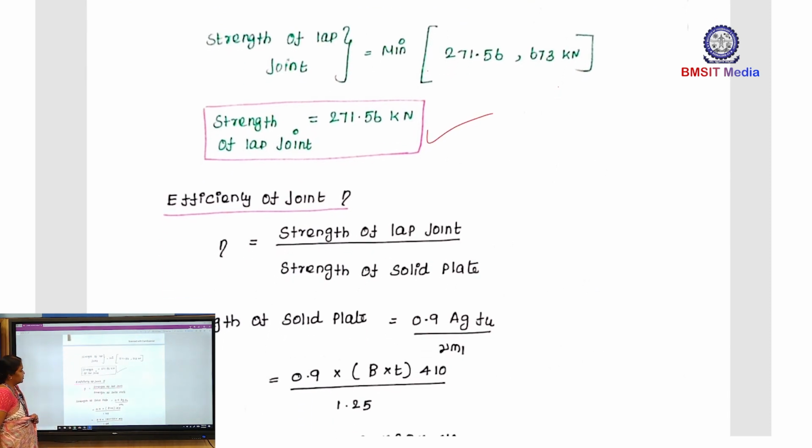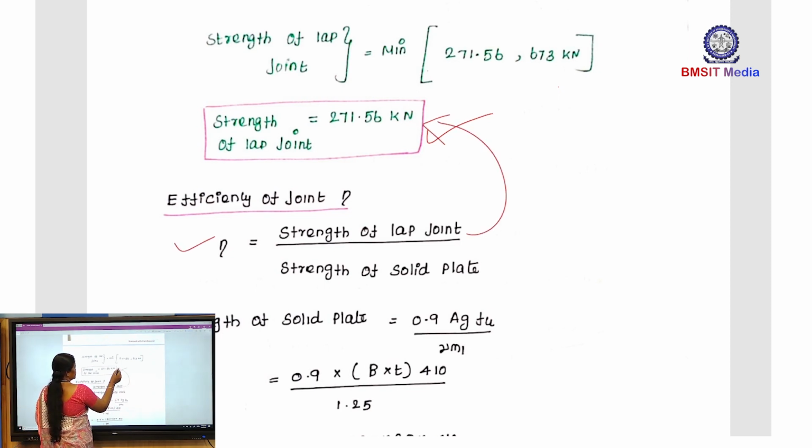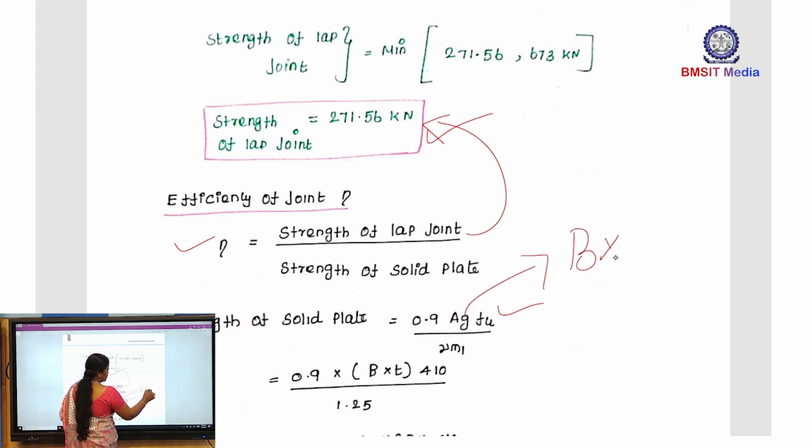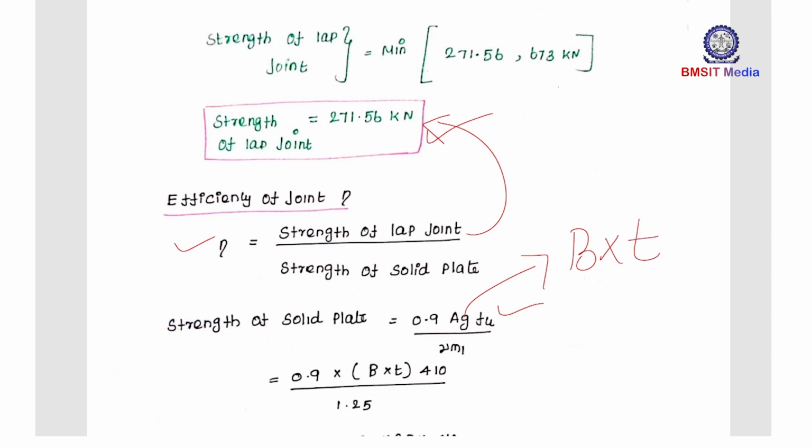Now, coming to the efficiency of the joint. How can we find the efficiency of the joint? We know the formula: strength of the lap joint divided by strength of the solid plate. The strength of the lap joint is 271.56. For the solid plate, no need to subtract the bolt hole; we have to consider the gross area Ag. Ag equal to width into thickness, b equal to 180 and thickness of the plate equal to 20 mm.